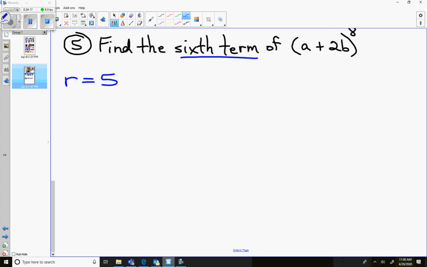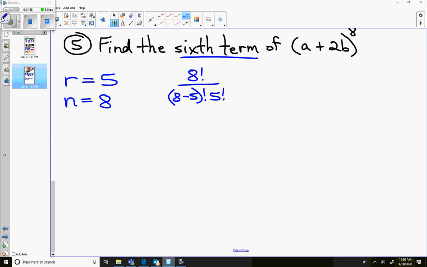Now my exponent here, a plus 2b to the 8th power, tells me n is 8. So to find the 6th term, it's going to be 8 factorial over 8 minus 5 factorial, 5 factorial.